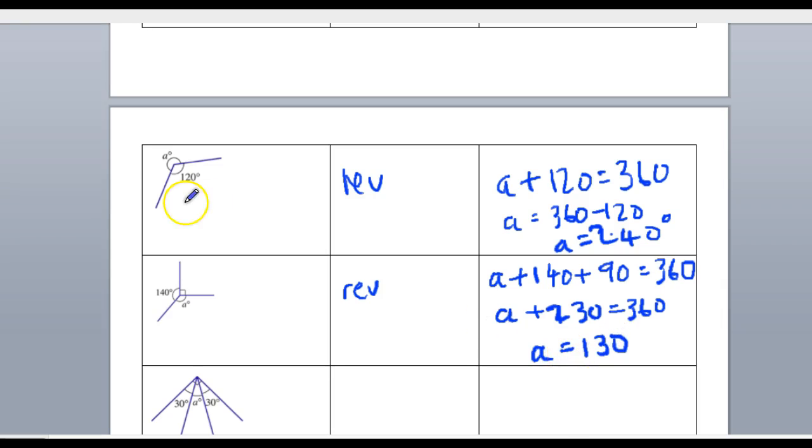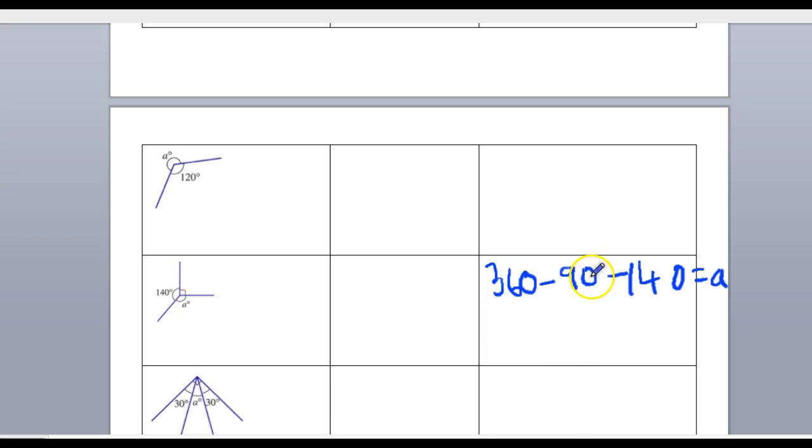Another way you could do it, and you might just do this one again, if you like. I know all the angles have to add up to 360. So let's just look at what we have left over. If I take away this 90, take away the 140, I am left with A. So I'm basically doing the same thing.